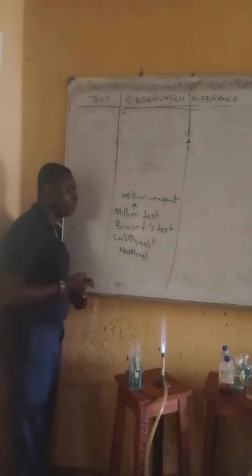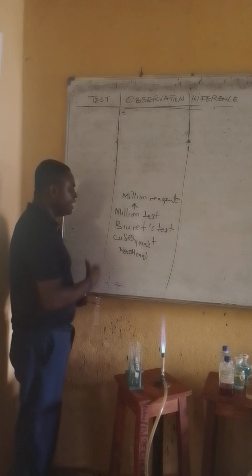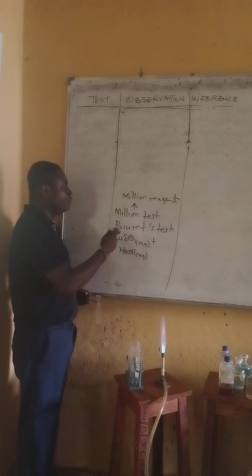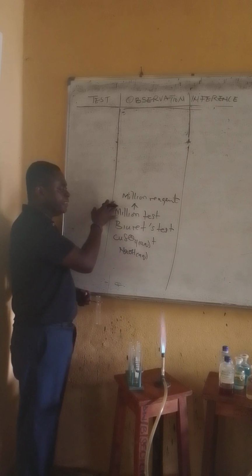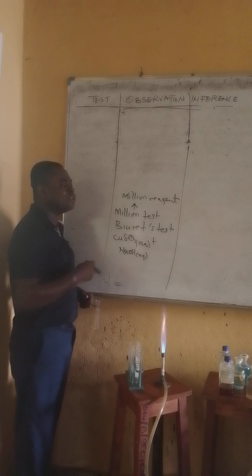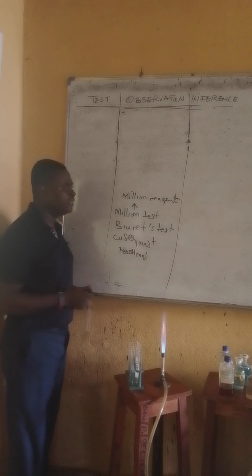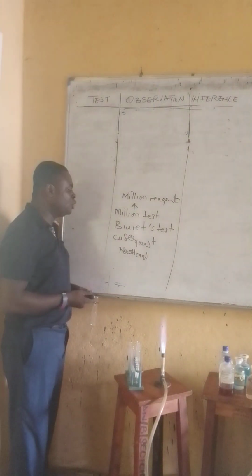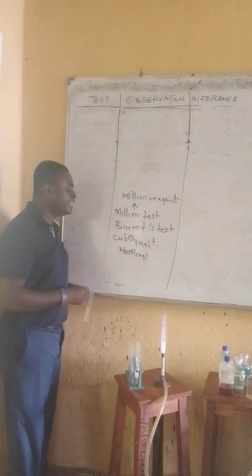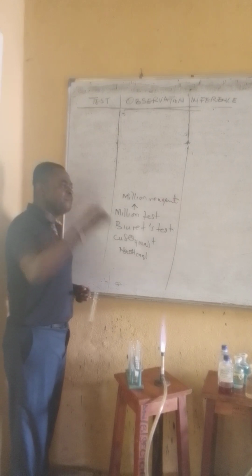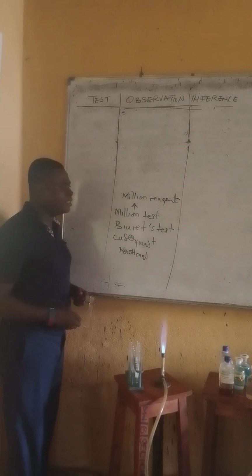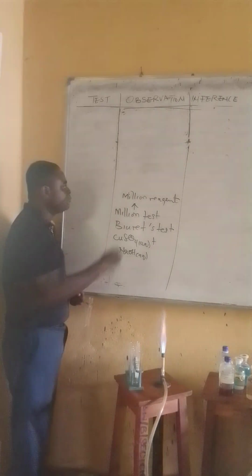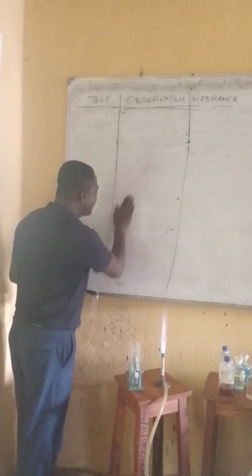When you do the Millon test, you are expected to get a red precipitate. But when you do the Biuret test, you are expected to get a violet color, and all this shows that protein is present.